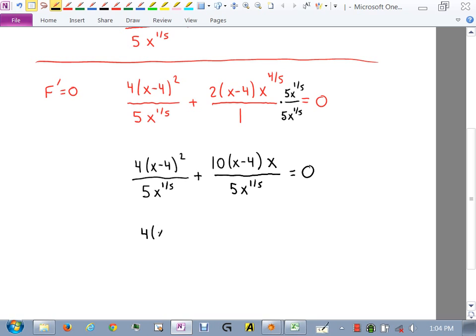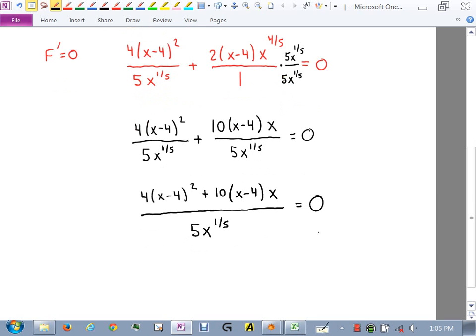So 4(x minus 4) squared plus 10(x minus 4) times x, all of it over 5x to the 1/5 equals 0. So that's what I'm trying to solve. Any questions up to that point?